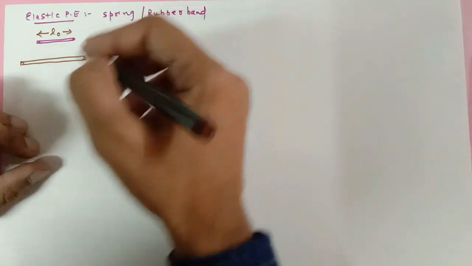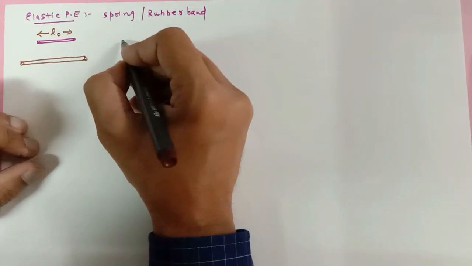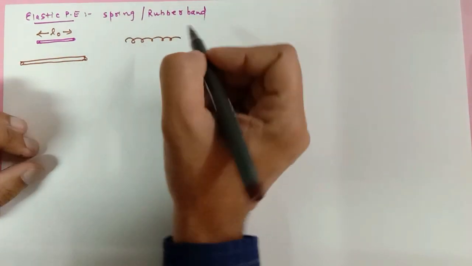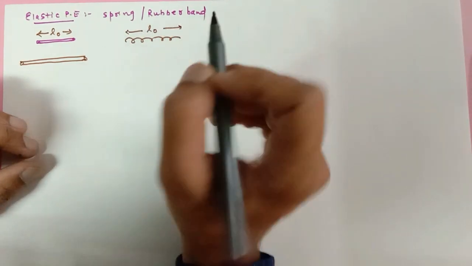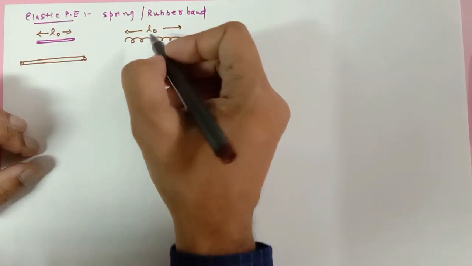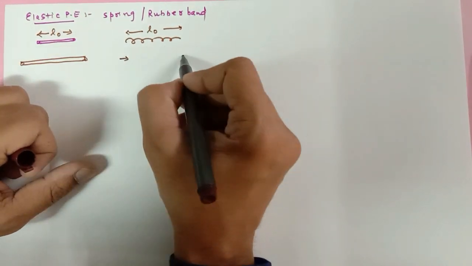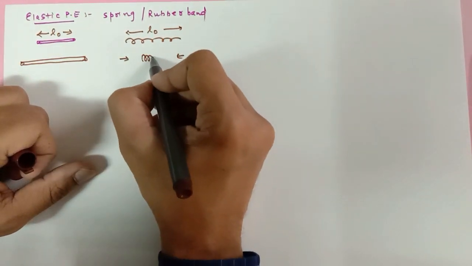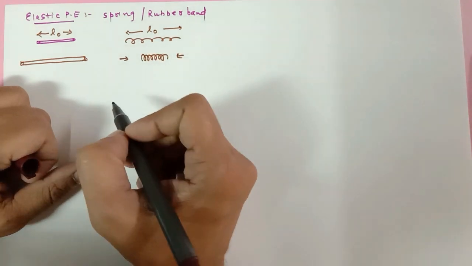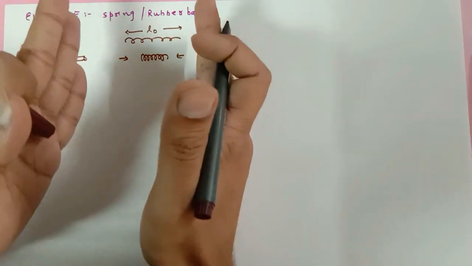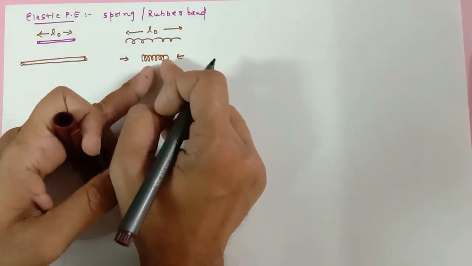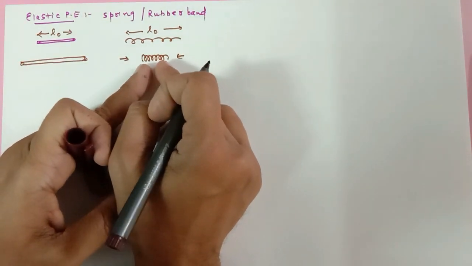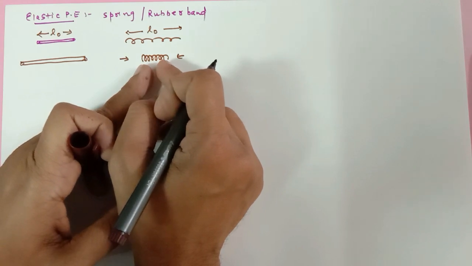Now suppose you have a spring and this is the spring at its natural length. Its natural length is L0. You are doing nothing. It is as it is. If I compress it by exerting force in this direction, then the shape of the spring would be like this. And in doing that, I had to do the work. My body lost energy. That energy got stored inside this compressed spring in the form of potential energy.